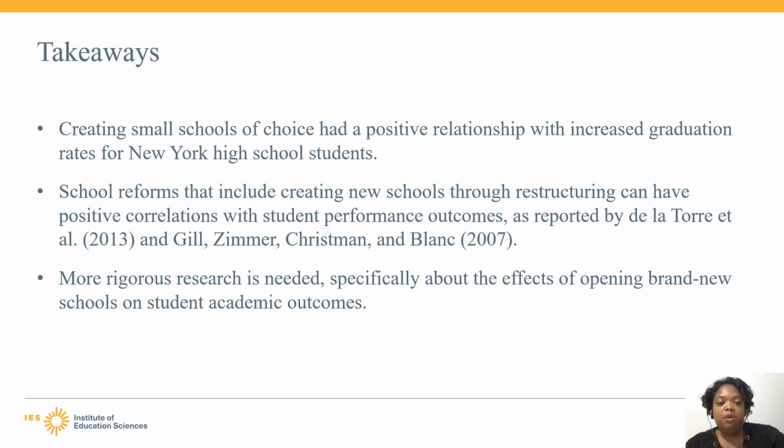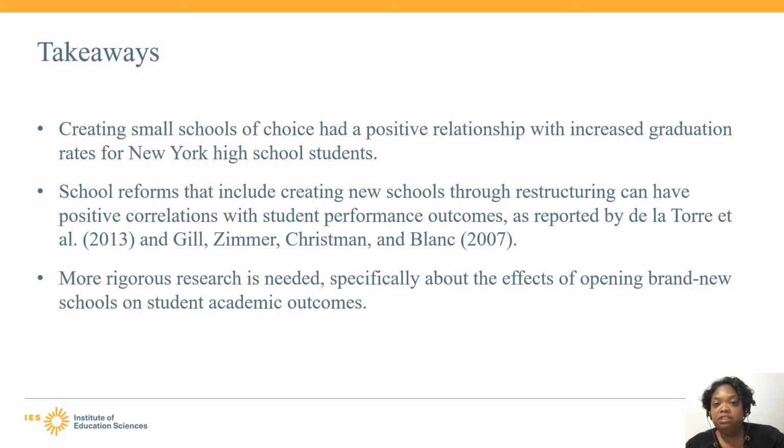Here are a few takeaways from the research discussed in this video. Creating small schools of choice had a positive relationship with increased graduation rates for New York high school students. School reforms that include creating new schools through restructuring can have positive correlations with student performance outcomes, as reported by De La Torre et al. 2013 and Gill, Zimmer, Chrisman, and Blanc 2007.